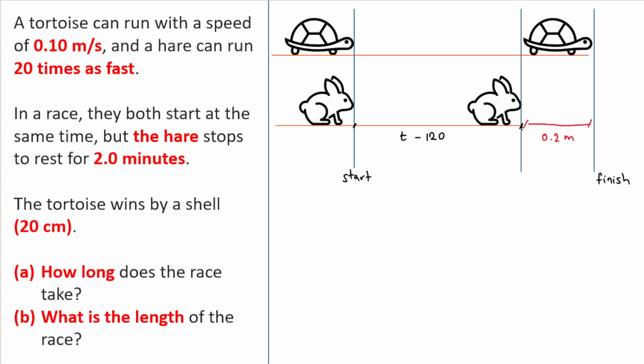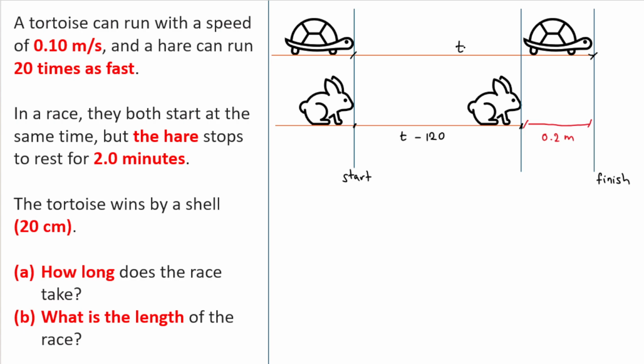Why minus 120? Because the effective time is t minus 120, because it stops in the middle of the race. But the tortoise starts from here until the finish line here, and that will be t.